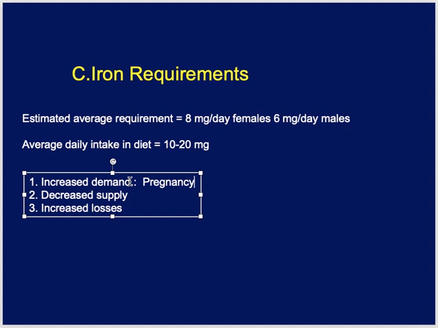Okay, it can reach up to that much. So of course, in pregnancy there is increased demand of iron, and when women are pregnant and they are not taking enough iron, it can lead to iron deficiency anemia.